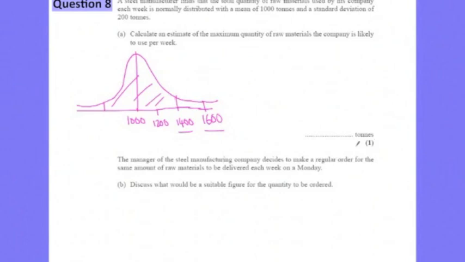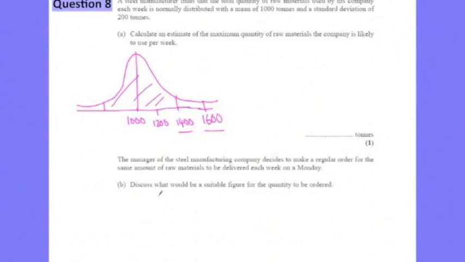We're told that the manager of the steel manufacturing company decides to make a regular order for the same amount of raw materials to be delivered each week on a Monday. Discuss what would be a suitable figure for the quantity to be ordered. So we've got the mean, which is down the middle, the average, and we need to have a bit more than the mean.